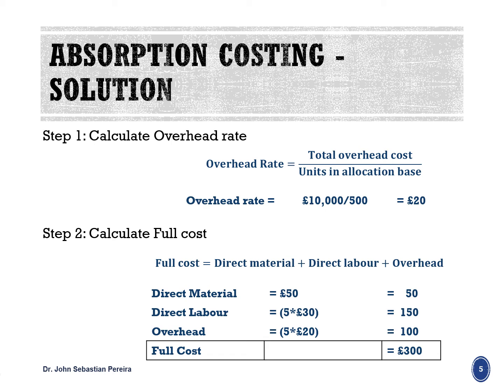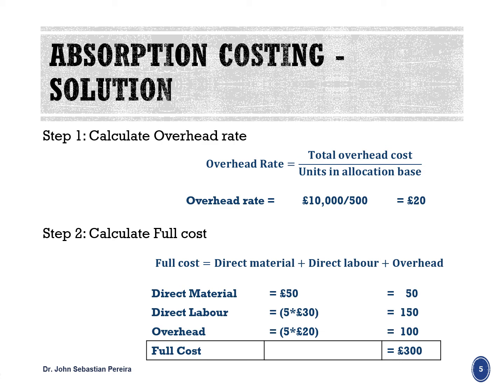The reason we are using 5 is because this particular patient used 5 direct labor hours, and the unit in the allocation base is labor hours. That gives a £100 allocation of overhead. So the total bill for patient X will be £300.